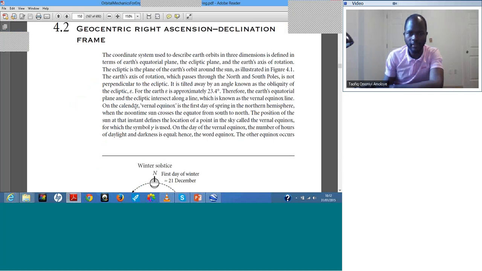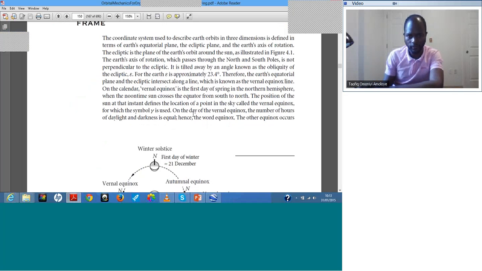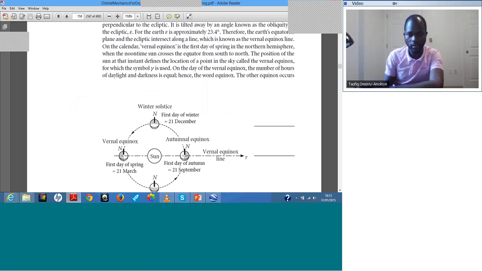On the calendar, vernal equinox is the first day of spring in the northern hemisphere, when the noontime sun crosses the equator from south to north. It's usually around the 21st of March.